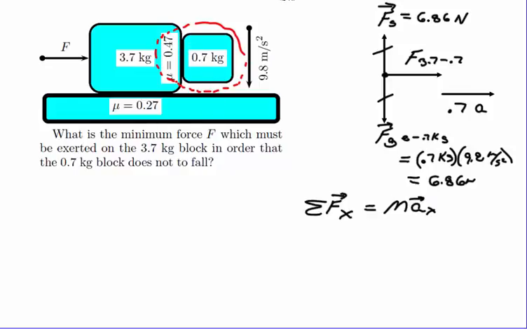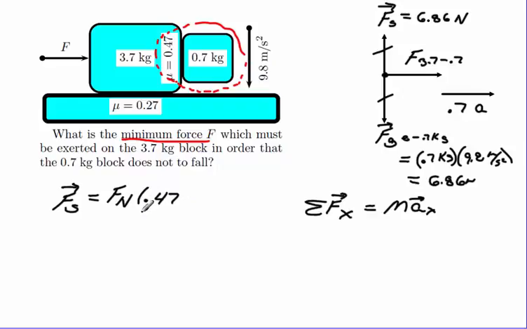So since we want to find the minimum force, F, then can we not say that the frictional force, the static friction, must equal the normal force times 0.47, being my coefficient.